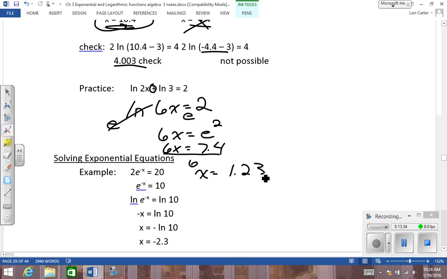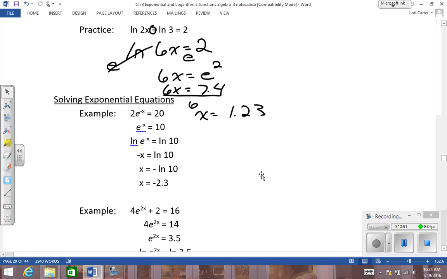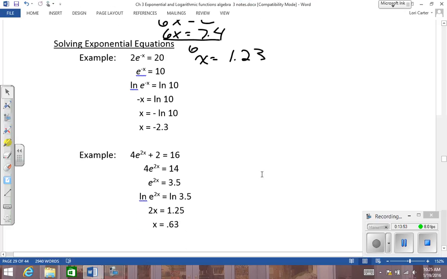Voices are off. If I put a positive 1.23 into my equation, is it going to work? Yes. And there's no negative because we didn't take a square root, so there was no introduction of a negative. Good.